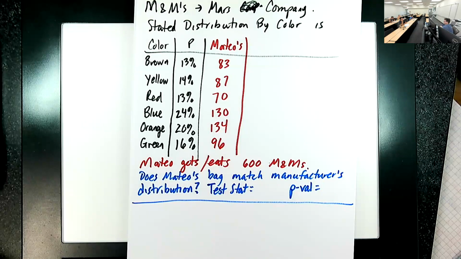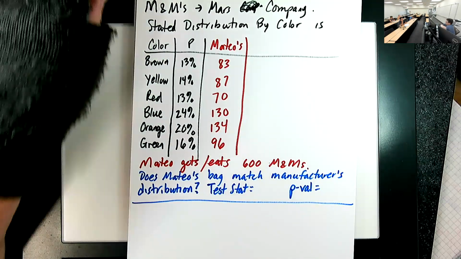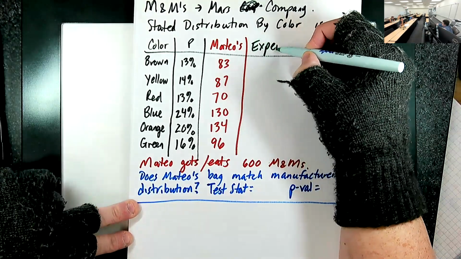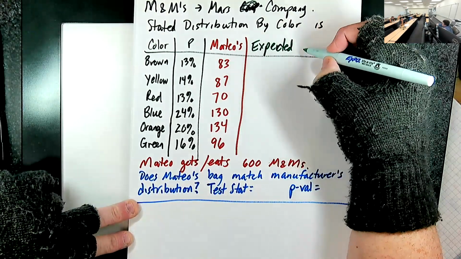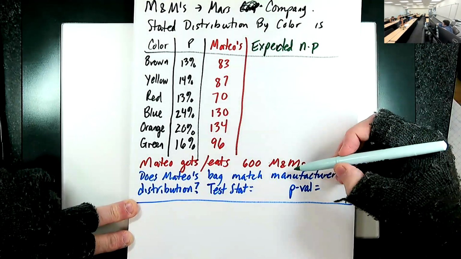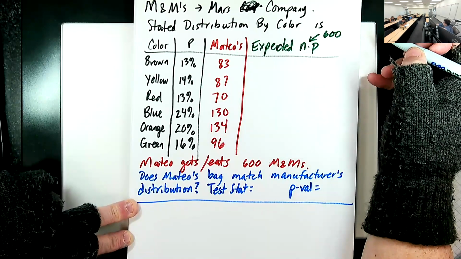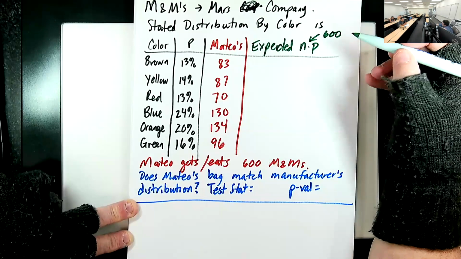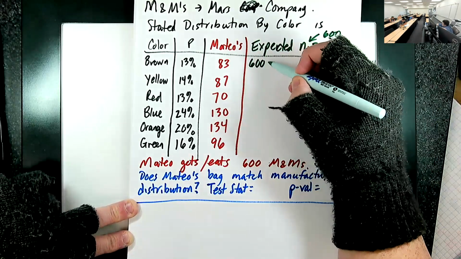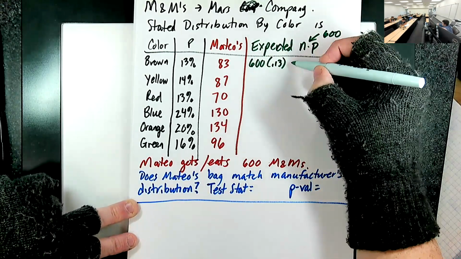So what we need when they're not equal proportions is a column for expected values. What we do is n times p. There are 600 M&Ms, that's my n. You will not have to do this part of the work for the final exam. All of that is done for you. So I'm doing 600 times 0.13, and I get 78.